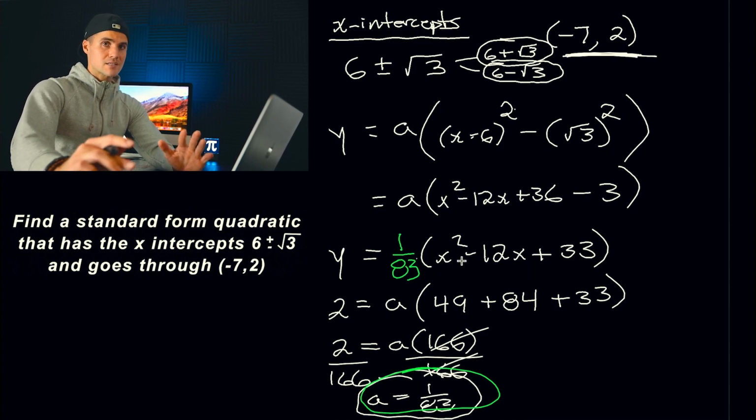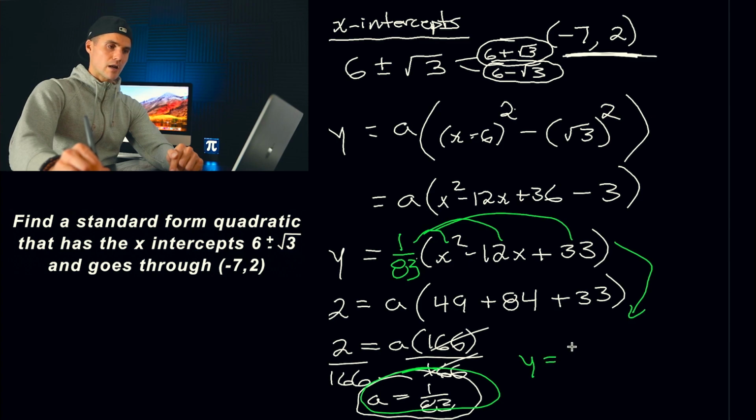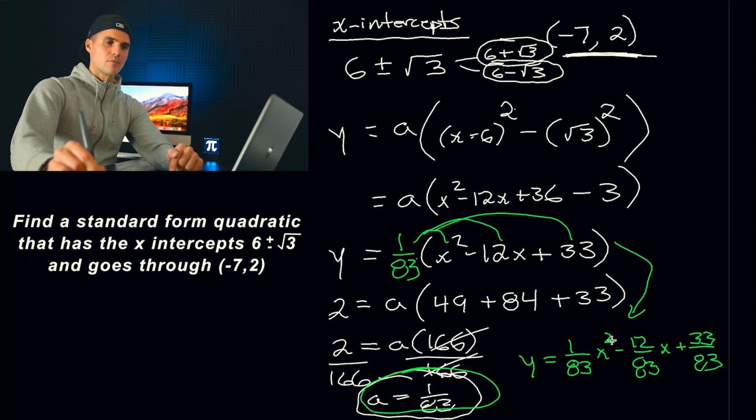Now remember, this quadratic has to be in standard form, so you've got to take that a value and distribute it in this bracket. When you do that, your final quadratic would end up being 1 over 83 x squared minus 12 over 83, that does not simplify to anything, I don't believe, x plus 33 over 83. That does not simplify either. So that ends up being our final answer.